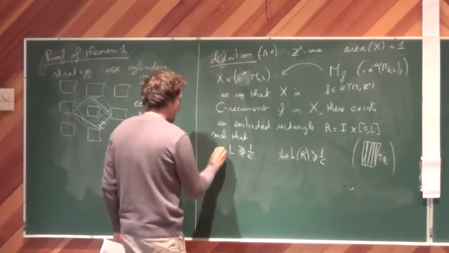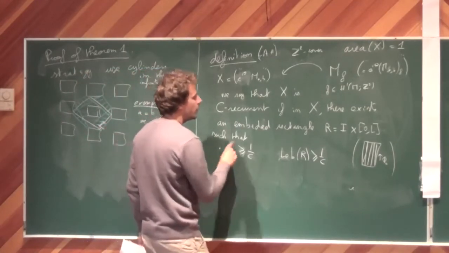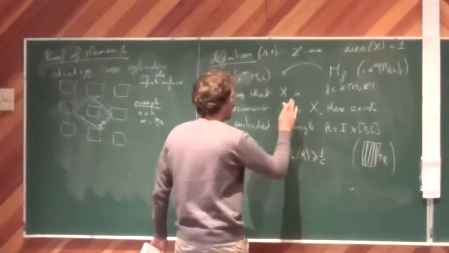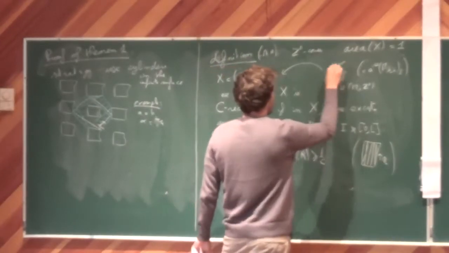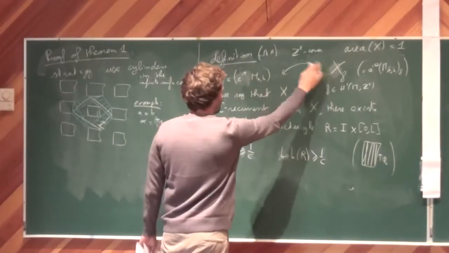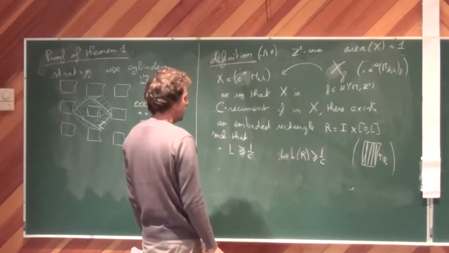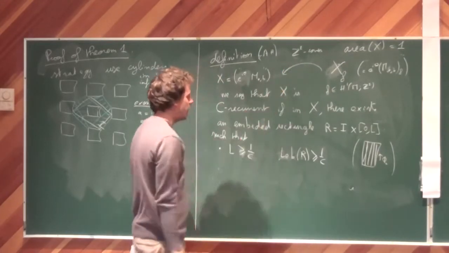So this is a condition on X, and there is a condition on the lift, X_f. Oh, sorry, I messed up everything. So you have X and the Z2 covering X_f.